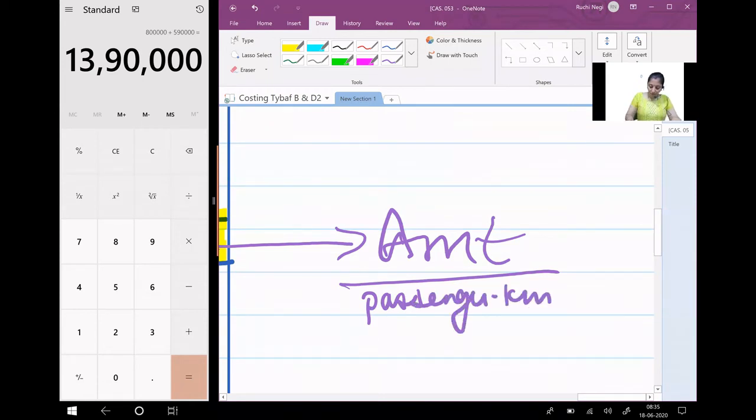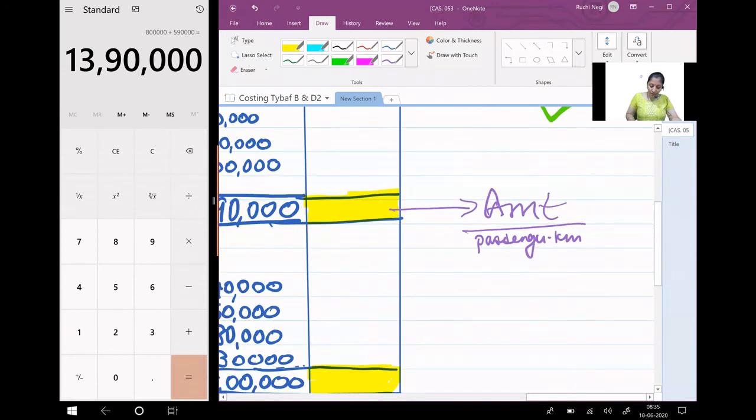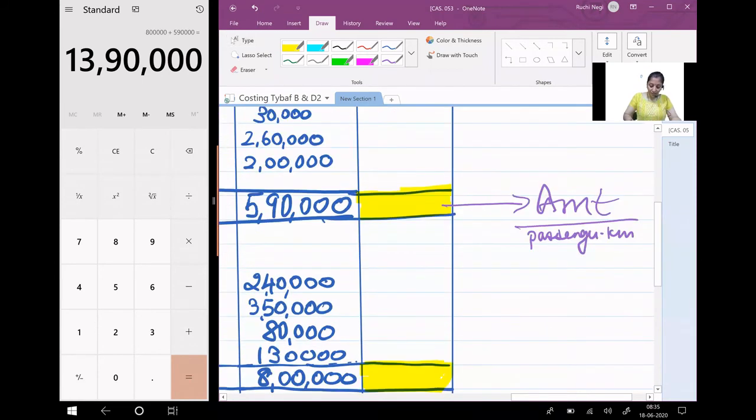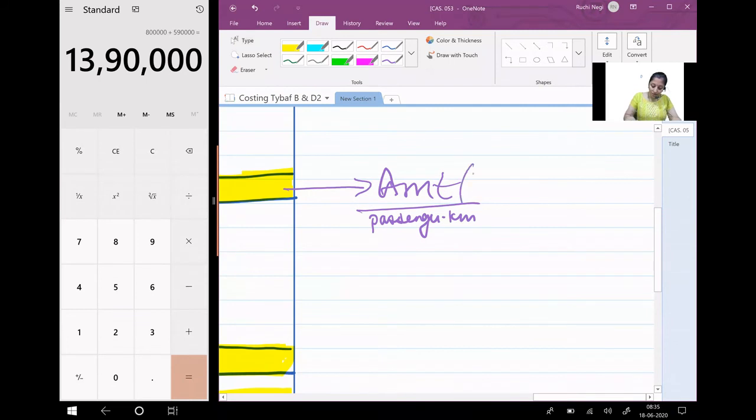Okay, so how am I going to calculate? 5,90,000 divided by 5,62,500. I repeat, fixed cost. What is the amount here? The numerator is fixed cost. Total fixed cost, I mean. And what is the denominator?